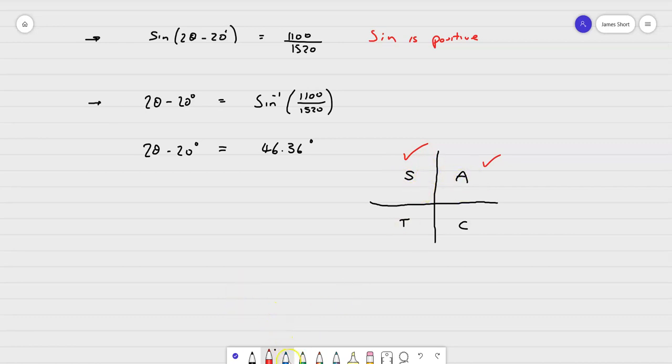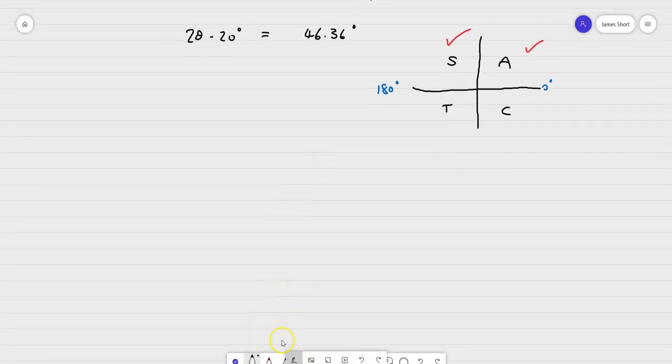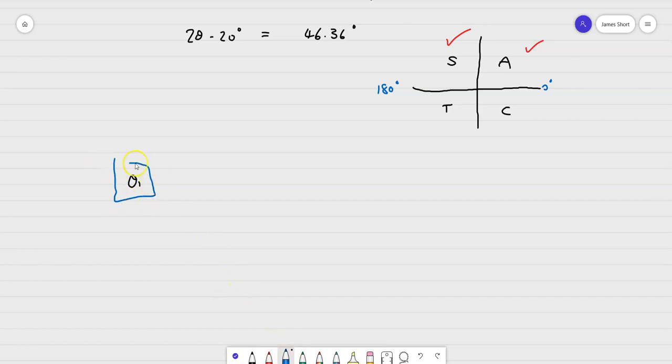So we're going to need to find the first angle from the 0 degrees, and the second from the 180 degrees. So let's calculate theta 1. I'll put that in a box.